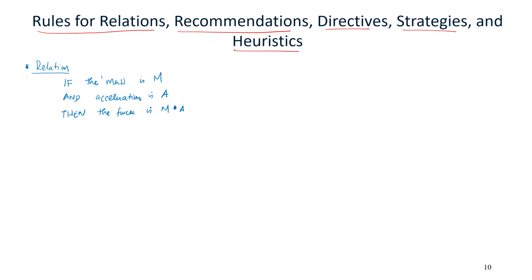So, if the mass is m, acceleration is a, then the force is m times a. This is an example of how a relation can be represented as a production rule.